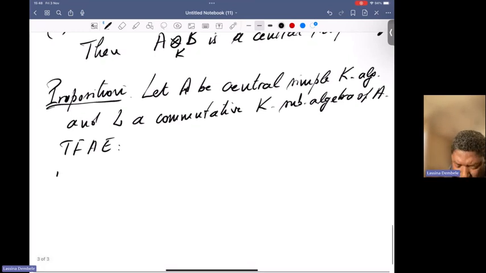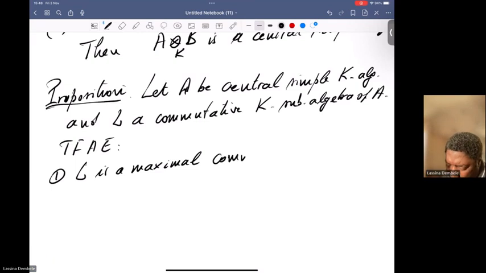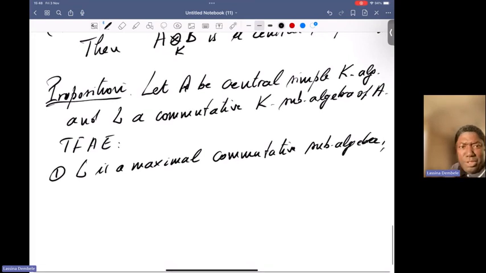The first one is saying that L is a maximal commutative subalgebra.